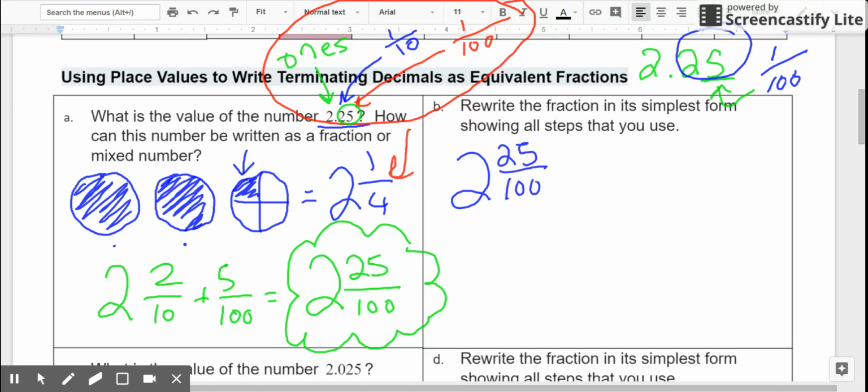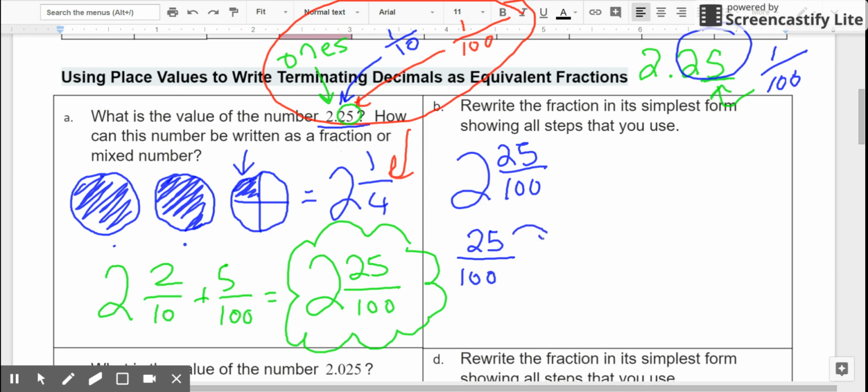And then from there, part B is asking me to rewrite the fraction in its simplest form, showing all the steps that I use. So my 2 doesn't get simplified because regardless, as you can see over in part A, I have 2 wholes, no matter what denominator I use for my fraction. So my 2 stays the same. My 25 100ths, that can get simplified though, because the number 25 goes into both the numerator and the denominator of this fraction.